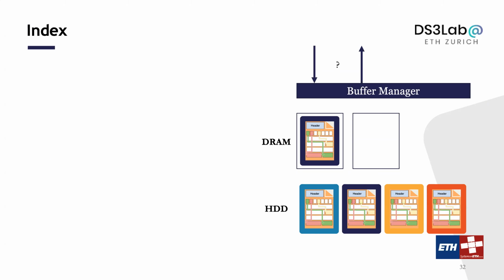So that brings us to index. Essentially, one potential thing we can do is to build a data structure F over this relation.